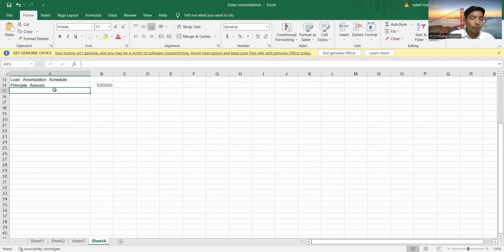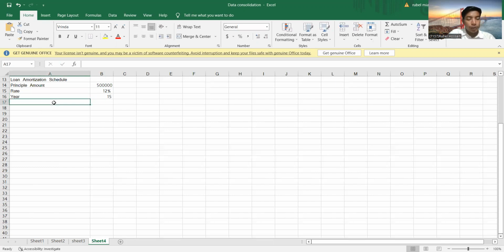Here I have to write down the rate. We can assume any rate. I'm assuming 12%. Then what will be the year? I'm assuming 15 years.